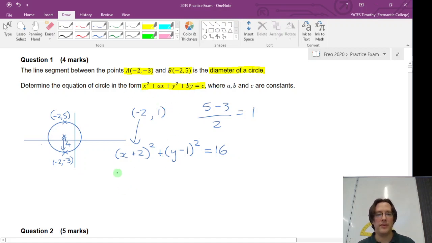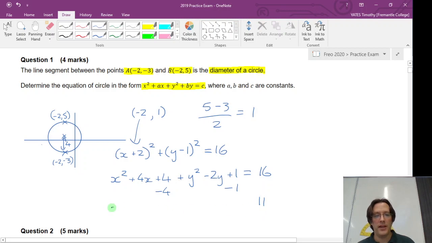We want to expand it. If we expand it, we get x squared plus 4x plus 4. And the other one, we get y squared minus 2y plus 1 equals 16. We want to make sure to get all of our constants on one side. So I'm going to subtract 5 off the left side, subtract 5 off the right.